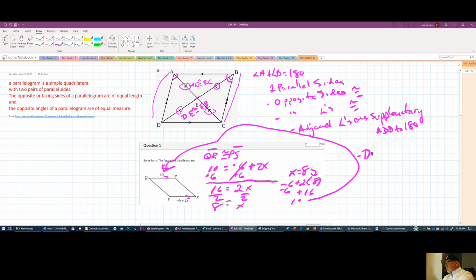And our diagonals are bisected. So the total diagonal is 2 times the bisected piece. The bisections are going to be equal. All right, that is it.